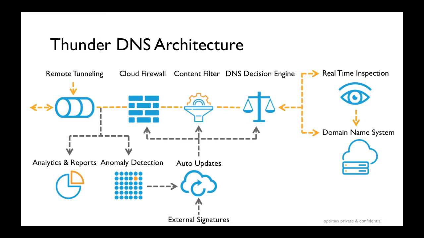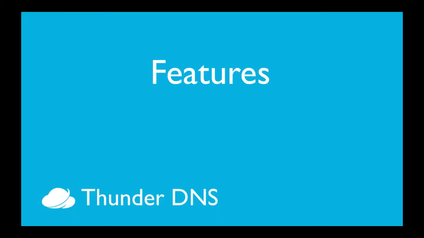Let's spend a few minutes reviewing the features of Thunder DNS. Feel free to watch our company overview or other videos for a detailed explanation of each feature. The focus of our discussion will be primarily on the technical implementation requirements and limitations of each feature.